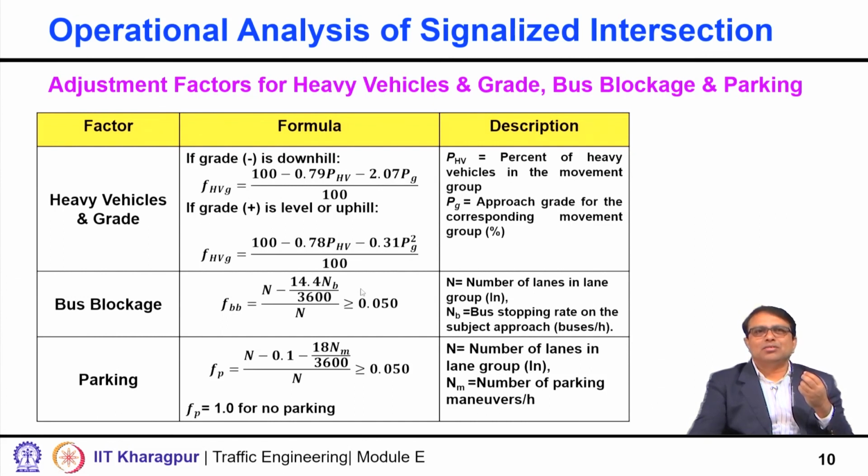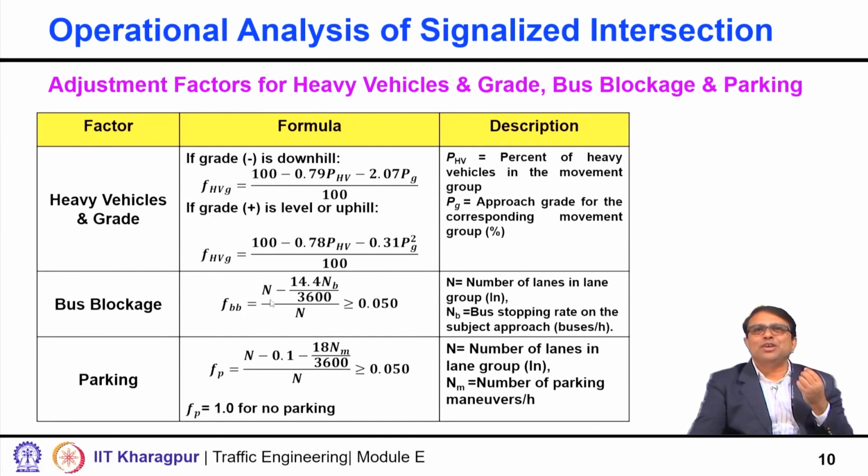So, if there are N_B buses in an hour, then N_B into 14.4 seconds is the time that lane is not available, out of 3600 seconds in an hour.